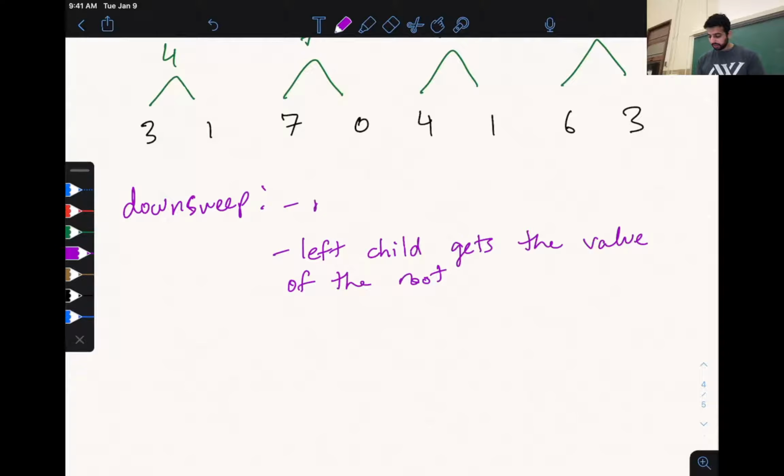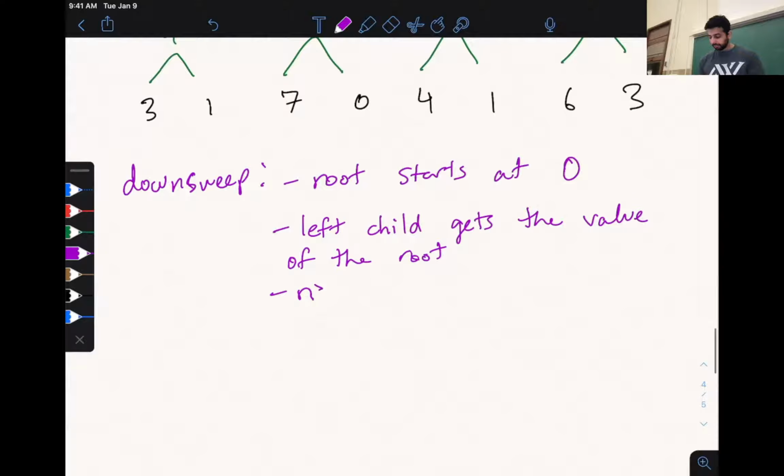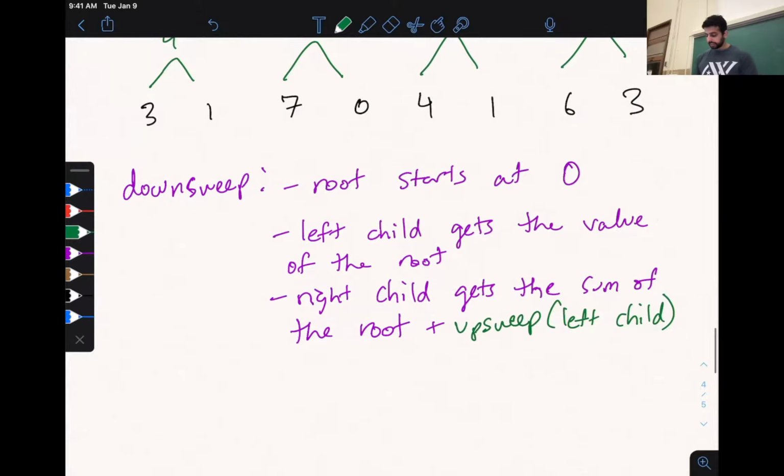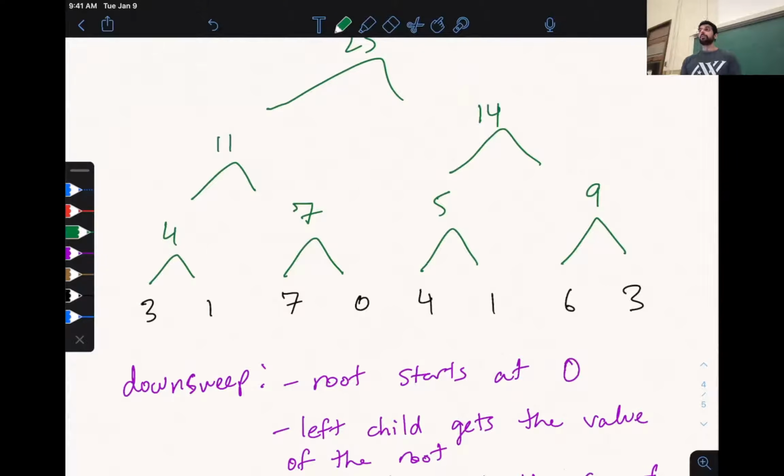Okay, so the root starts at 0. The left child gets the value of the root, so we'll just copy the value of the root. The right child gets the sum of the root plus the upsweep value of the left child. So this upsweep thing refers to the value of a node computed during the upsweep.